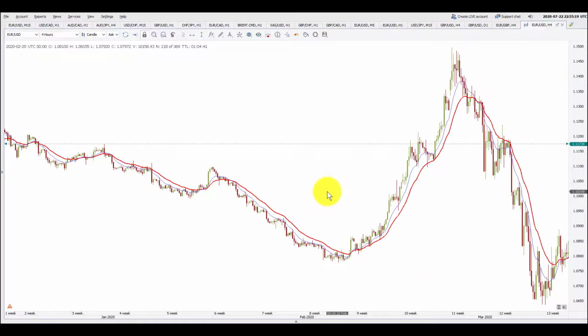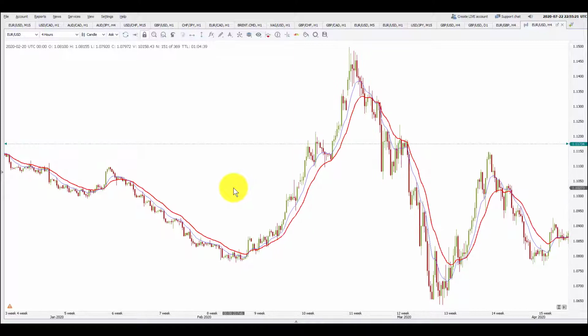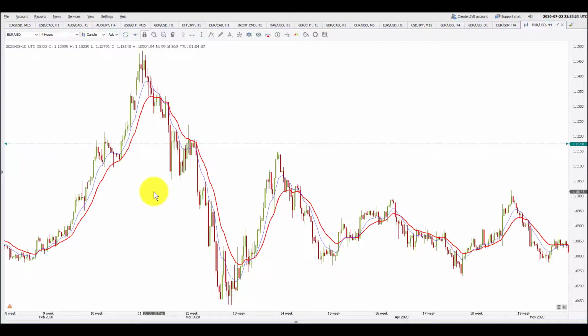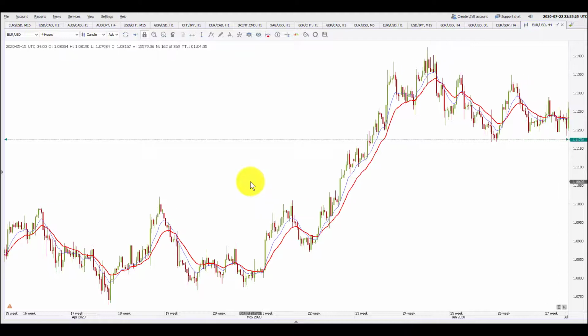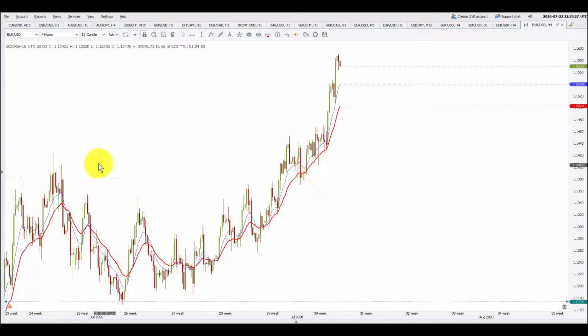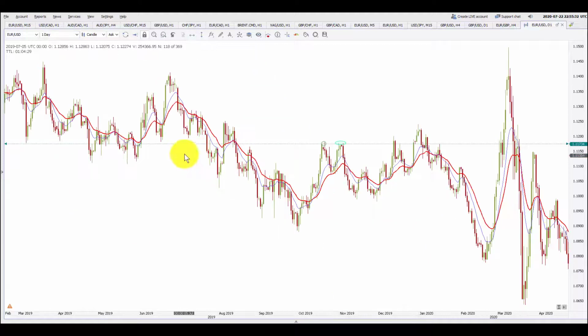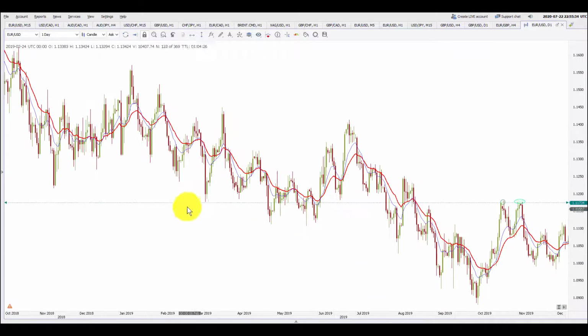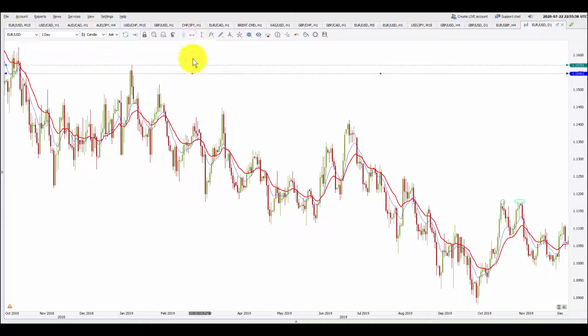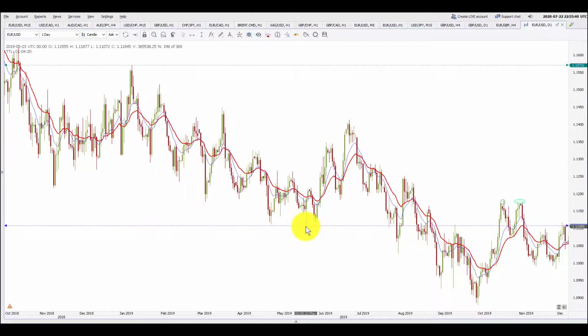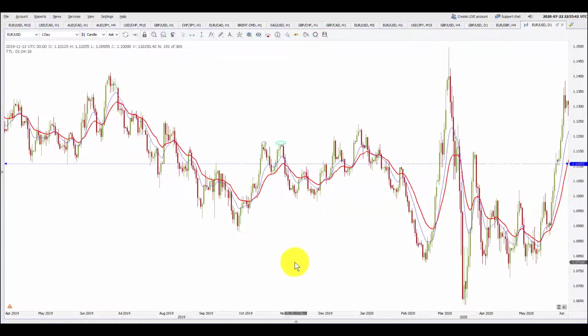Let us see whether it happens or not. No, it did not happen. Oh, we are on the 4 hour. We have to be on the daily chart. We are talking about the daily inflection points. This is the 1. This is the 2.